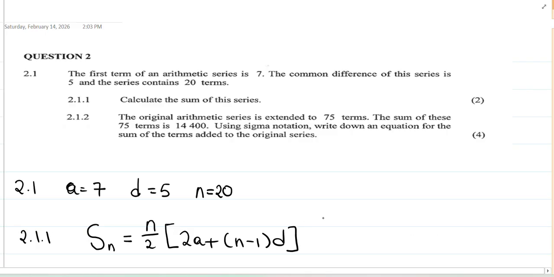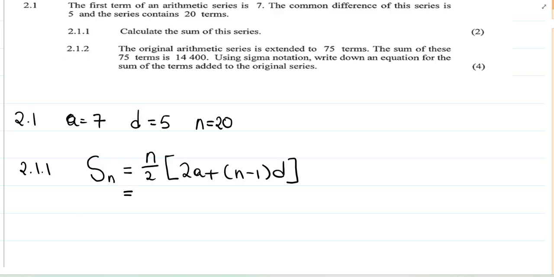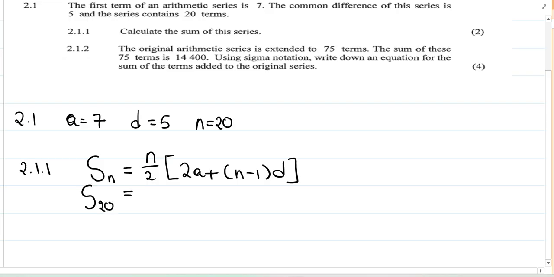Now our job from here is to plug in the value of a, the value of n, and the value of d. So now let us plug in. It means that we are going to have S20 is equivalent to 20 over 2 open bracket 2, our a is 7, plus n, which is 20, minus 1 into d, the difference is 5.